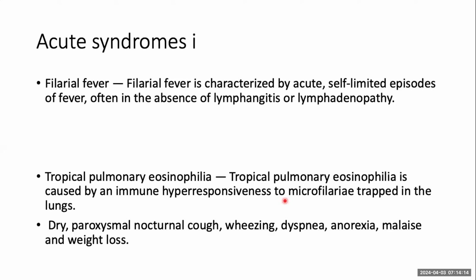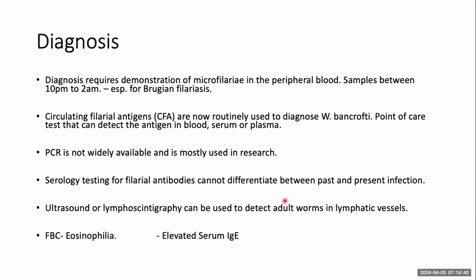When it persists, there can be weight loss. Patients may or may not have transient infiltrates in the lungs, and it's due to the immune hyperresponsiveness to the microfilaria that are trapped in the vasculature of the lungs. It's characterized by peripheral eosinophilia as well.